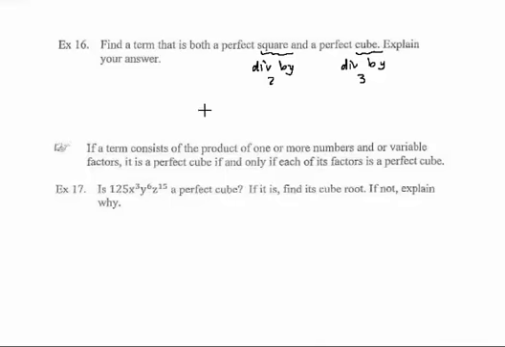Well, the answer is yes. One such number would be a 6. So if we wrote x to the 6, this would be both a perfect square and a cube. On one hand, we could write it as x to the 3rd power squared, and on the other hand, as x to the 2nd power cubed.